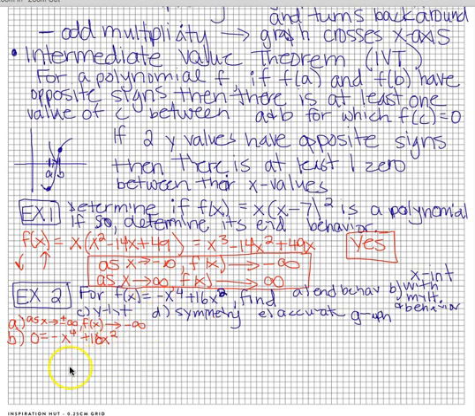So this is a factorable polynomial. There's a GCF of negative x squared, because remember, you always want your front term in the parenthesis to be positive. So that then becomes x squared minus 16 inside the parentheses. So I have 0 equals negative x squared times x squared minus 16, which is x plus 4 times x minus 4.